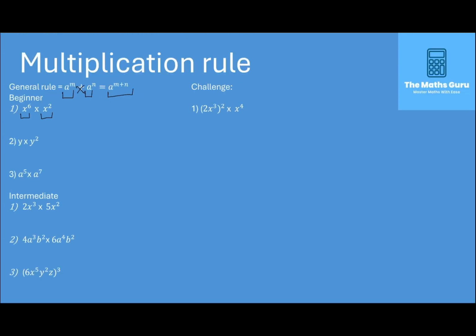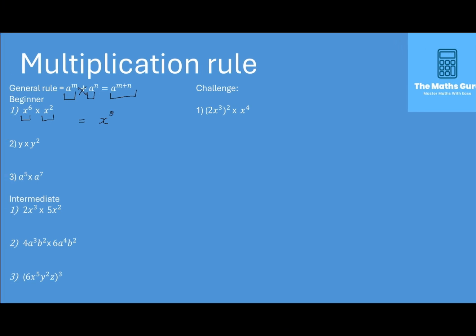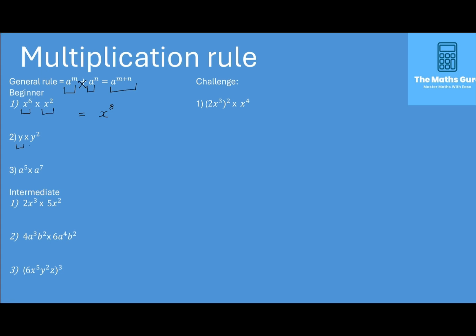So what we can do here is just add the powers. We use the same base x, and 6 plus 2 is 8. In this one, same base y, add them together, we get y to the power of 3. This one, similar case, a and a, we get a to the power of 12.